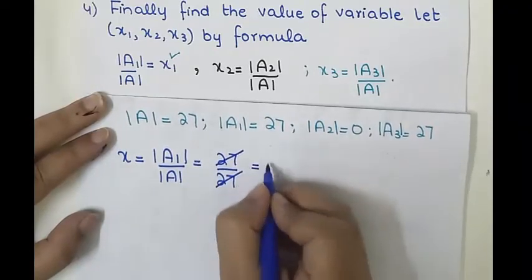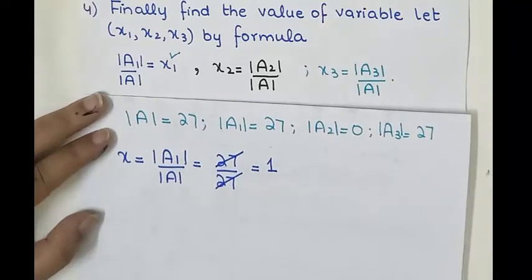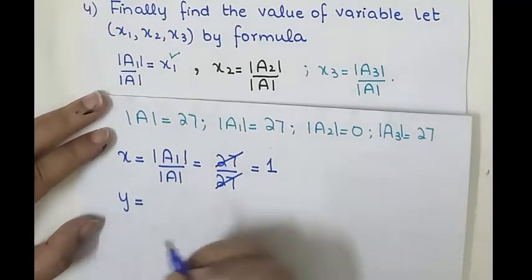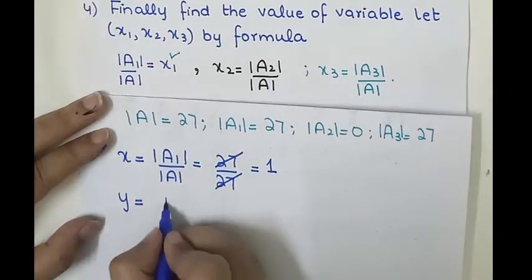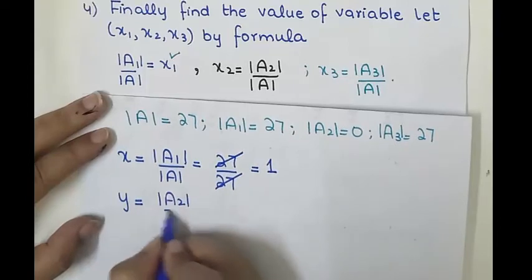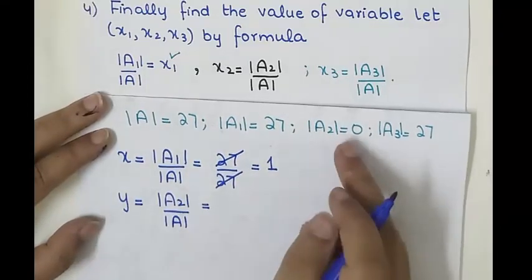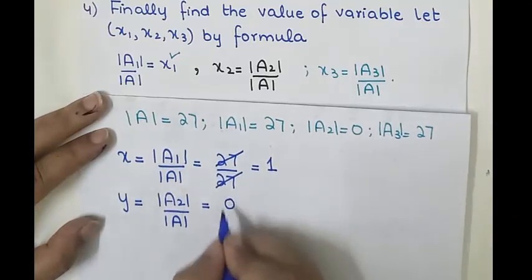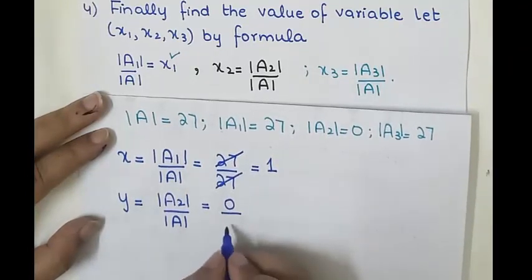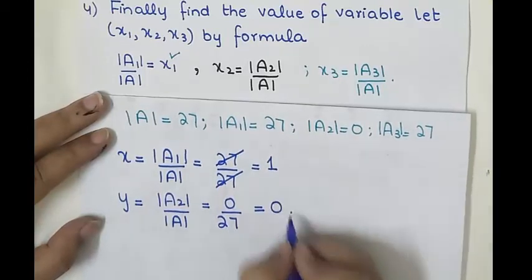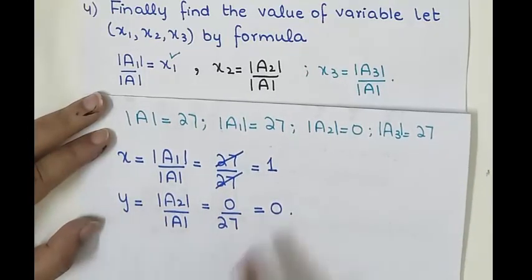This will be cancelled out and the value of x is equal to 1. Next we have y, which is equal to A2 over determinant of A. So the value of determinant A2 is 0. The value of determinant A is 27. So 0 over something is equal to 0. The value of y is 0.